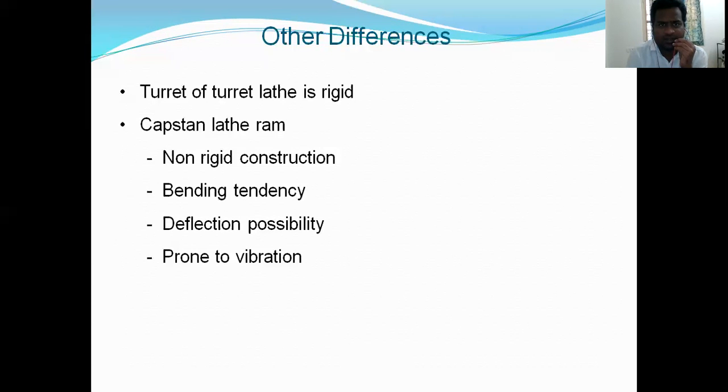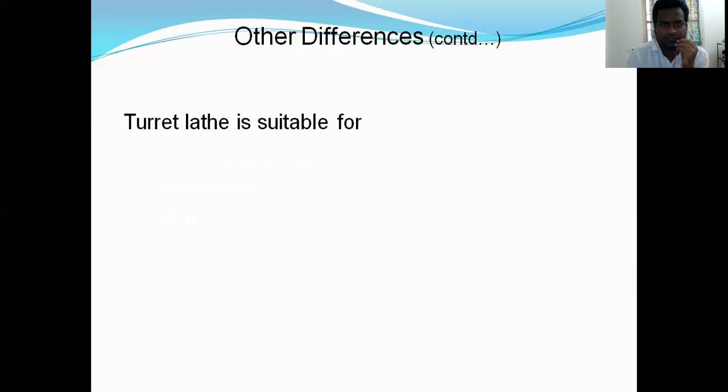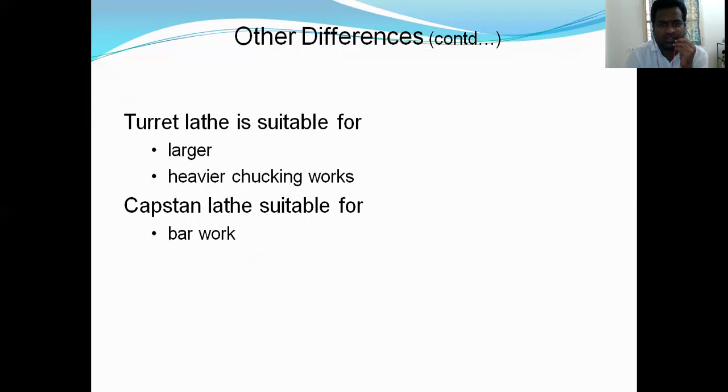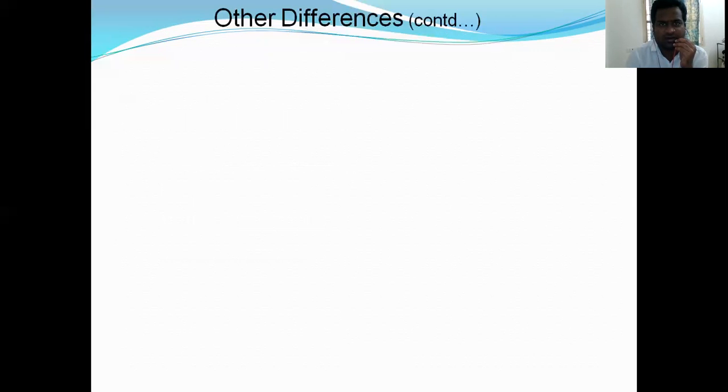Right? Okay. But the turret lathe is rigid in construction. So the turret lathe is suitable for larger, heavier chucking work. Capstan lathe is suitable for bar work.